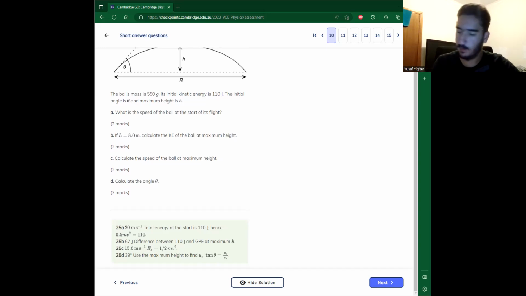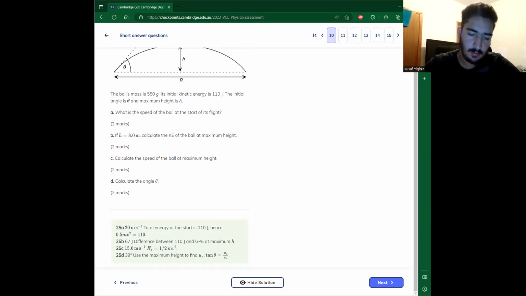So 110 minus 43.12 gives you 66.88, or we could say 67 joules. So 67 joules is the kinetic energy.